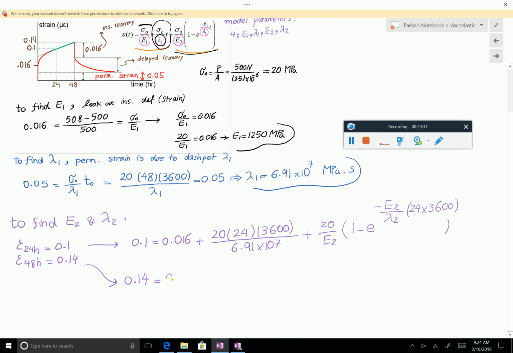So here we have 0.016, and this we know it's the permanent strain, which is 0.05, and then we have again 20 over E2, and this time minus E2 over lambda 2 times 48 times 3600.